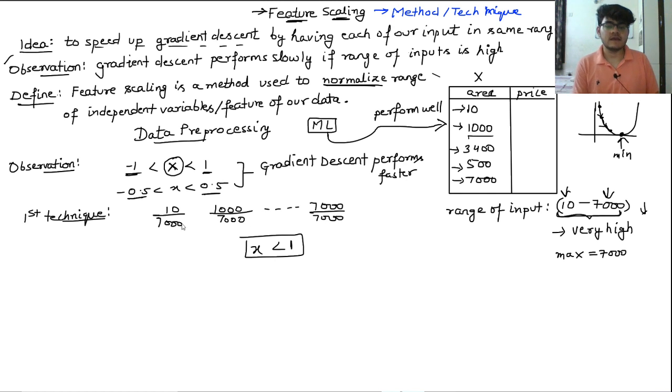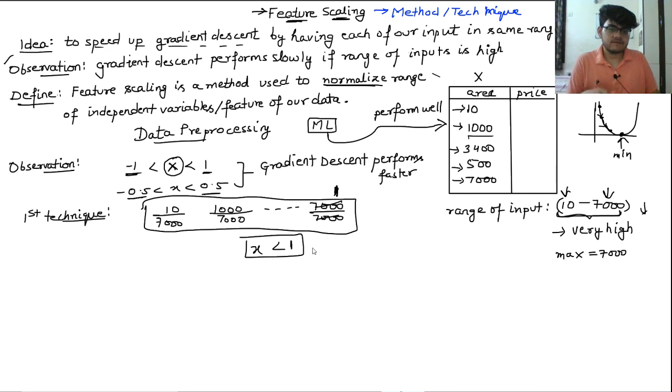If I divide x by 7,000, it will be at most 1, because 7,000 by 7,000 gives the maximum of 1, and every other value will be lesser than 1.